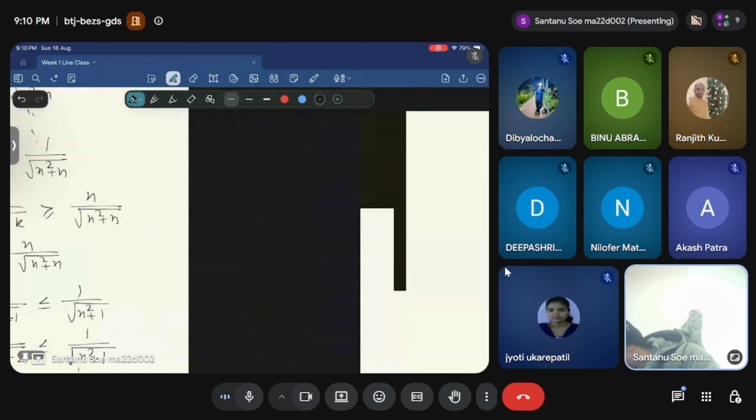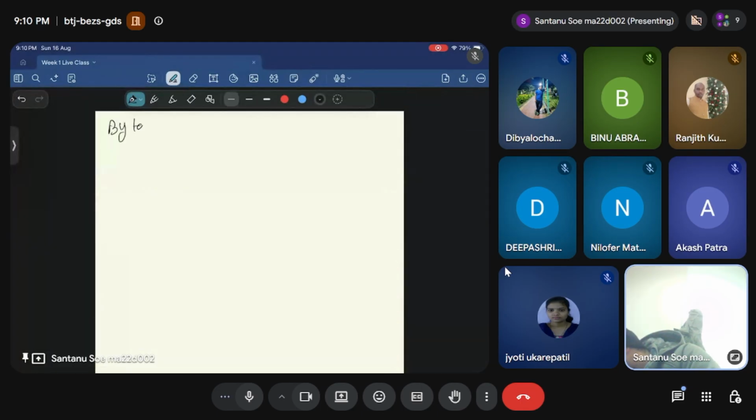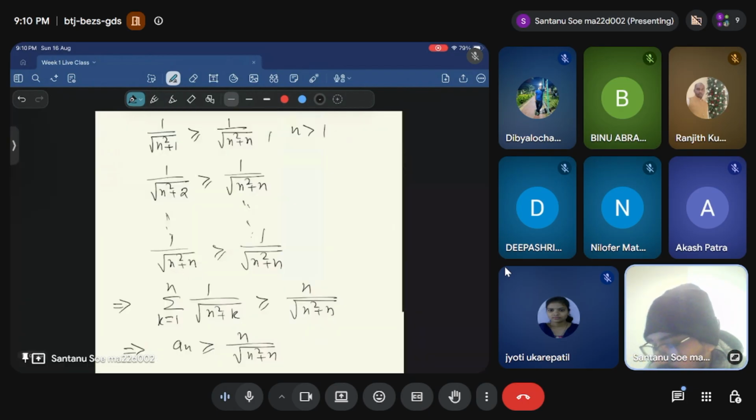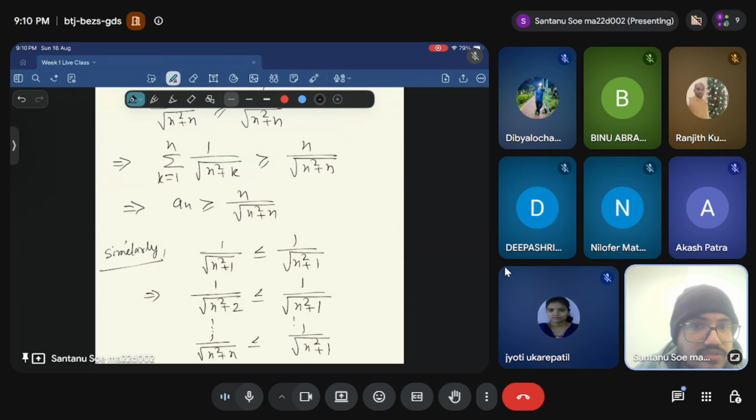So by summing, if you take the sum, you will get this, right? Because on the right side, you are taking the sum of n terms. So that means it will be n divided by square root of n square plus 1. And on the left side, you will get the sequence we have taken. Correct?